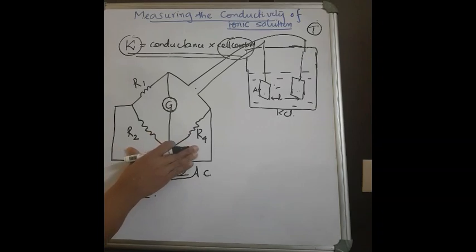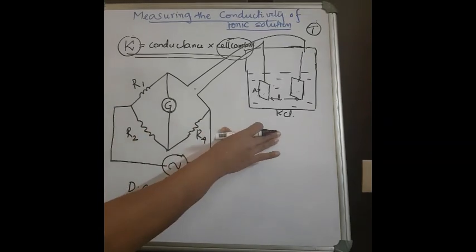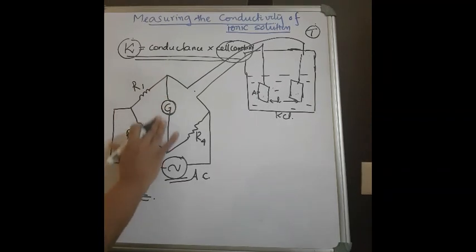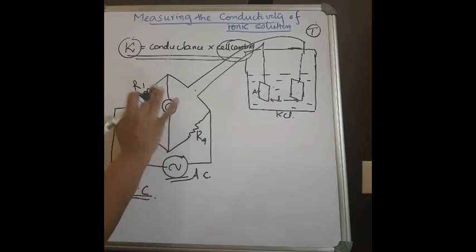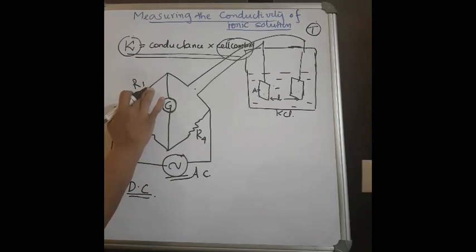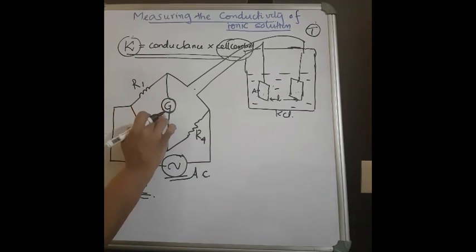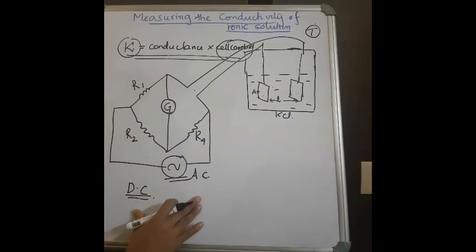Then you call this a balanced Wheatstone's bridge. So there is no current in this circuit, and the galvanometer will show zero deflection. You can adjust R1 and R2 in such a way that this shows a zero deflection.